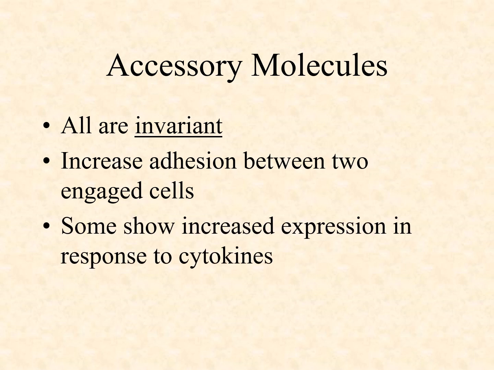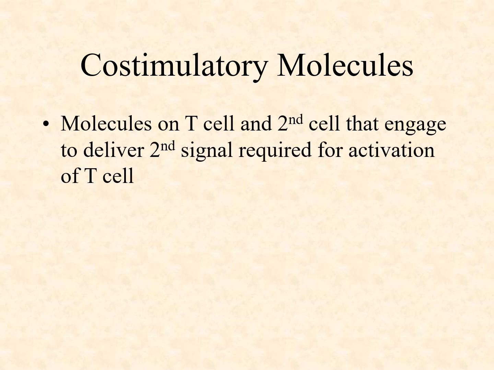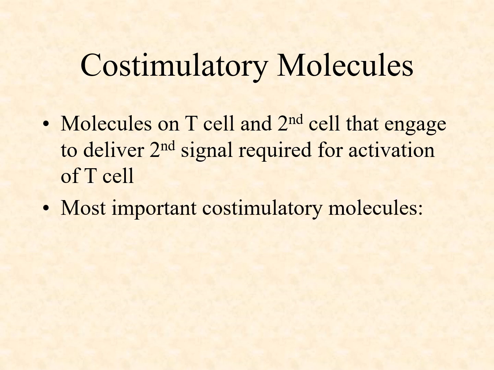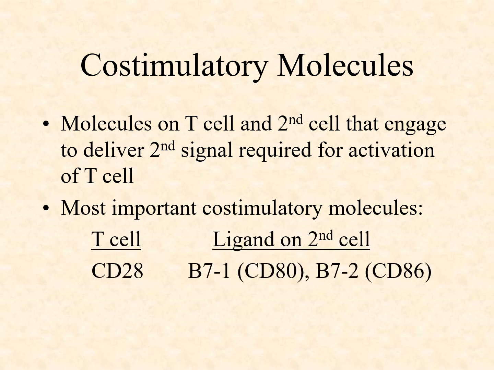Some show increased expression in response to cytokines. Co-stimulatory molecules on the T cell and the second cell engage to deliver the signal required for activation of T cells. The most important co-stimulatory molecules are the T cell ligand and CD28.